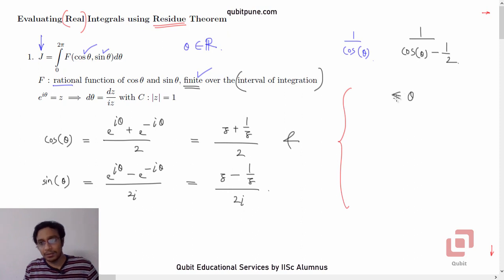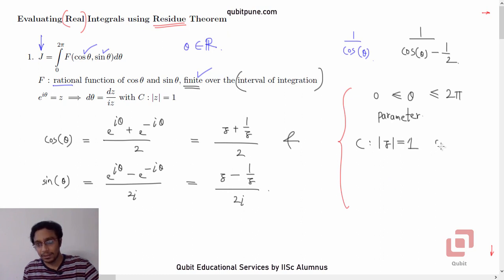So this is now the parameter theta, and the associated curve in the complex plane is the unit circle, mod z equal to 1. This is the curve in the complex plane.